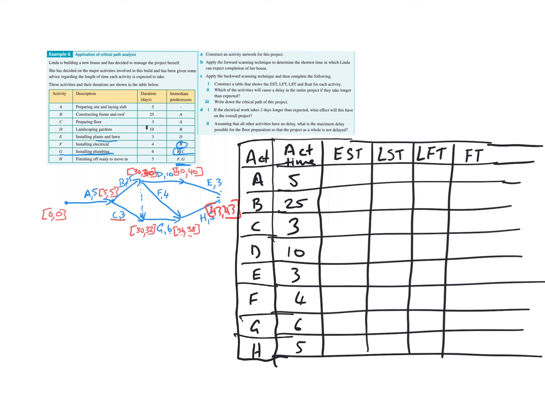Okay, and so the earliest starting times that we went through and calculated with our forward scanning, okay, is 5. B was 30. Sorry, that's back off a little bit. Where's my eraser?